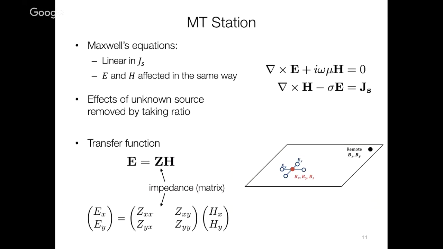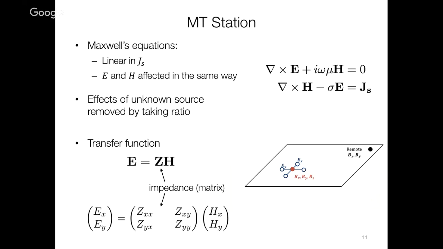The good news is that in Maxwell's equations, the electric and the magnetic field depend in the same way on whatever source we have. What that allows us to do is to effectively take a ratio of fields and get rid of the source term. It's a little bit more involved than that. What we end up doing is making what are called transfer functions.